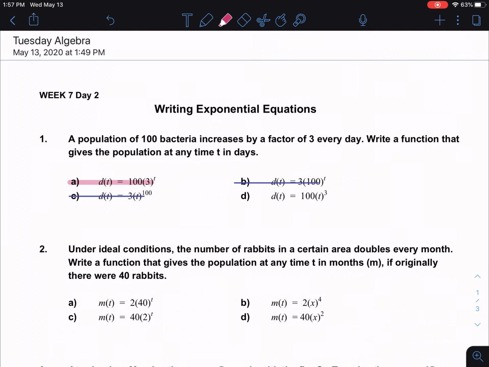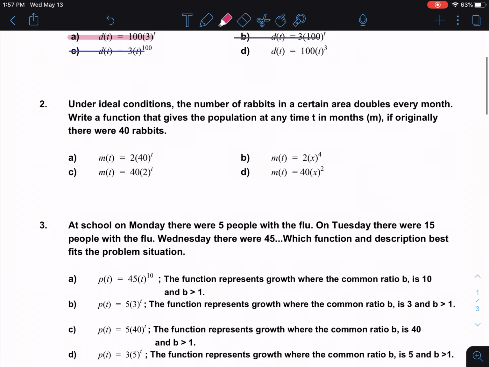is A. Number 2, under ideal conditions, the number of rabbits in a certain area doubles. So that means 2 every month. Write the function that gives the population in time t months if originally there were 40 rabbits. So our initial value is the value that's outside of the parentheses.